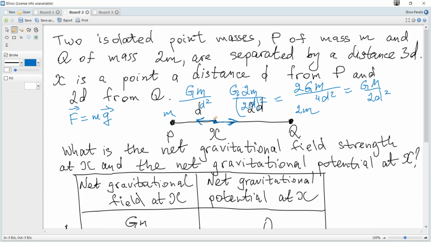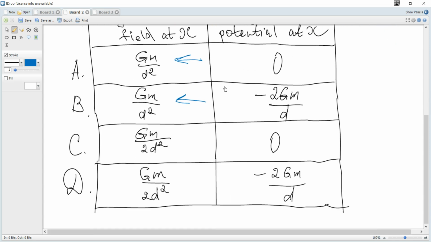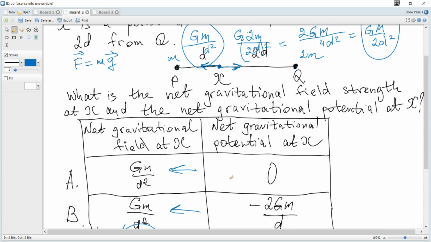And since gravitational field is a vector, the resultant vector is the difference because the two vectors are in different directions. You can see that it's like 1 and it's like a half. So the resultant field will be to the left, and the magnitude will be a half, Gm divided by 2d squared.